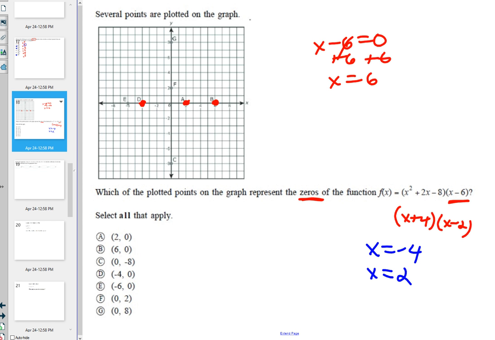Which one would that be? It's (2, 0), (6, 0), and (-4, 0). Even if you were to guess, you know that. Why can't it be these? Yeah, those are y-intercepts. The zeros would be x.